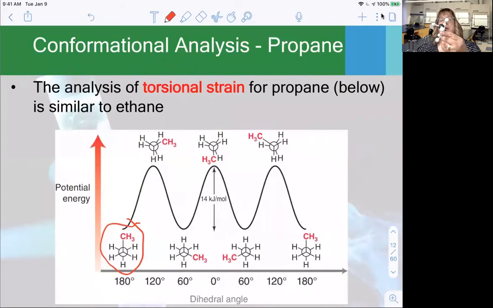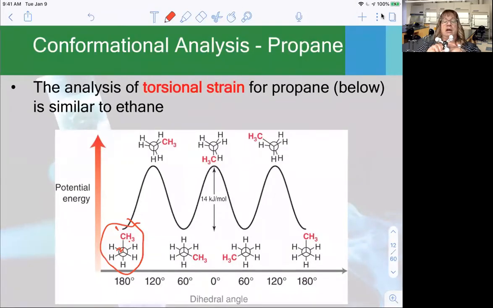From your perspective, as I'm looking at this, this is carbon number 1, carbon number 2, and then the 3rd carbon is in the back. On carbon number 1, I have the methyl group pointing up, and hydrogen and hydrogen to the right and to the left.